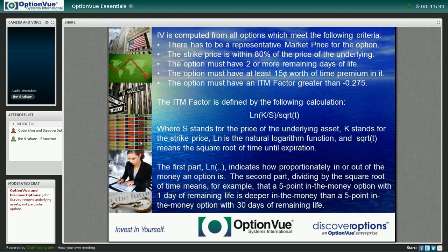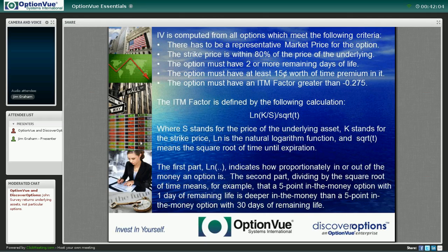We've actually done OptionVue Essentials, and the recordings are available, I believe, that cover things like the survey. I wanted to mention that there is this S button in the matrix. This S is for shading. Let me go to a better format.